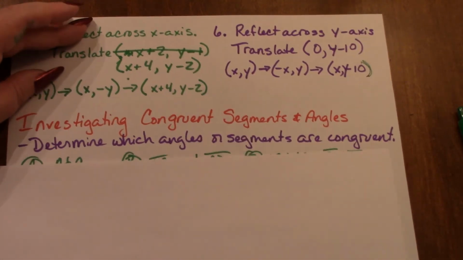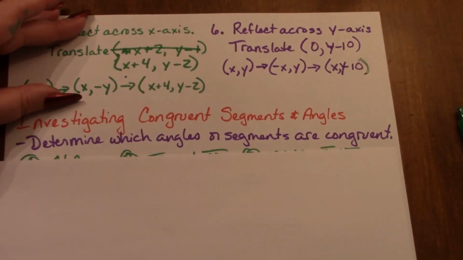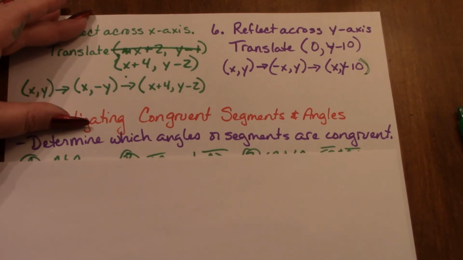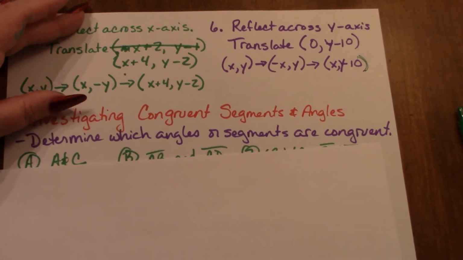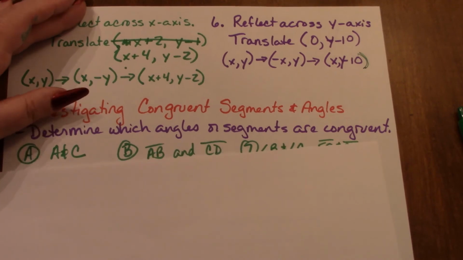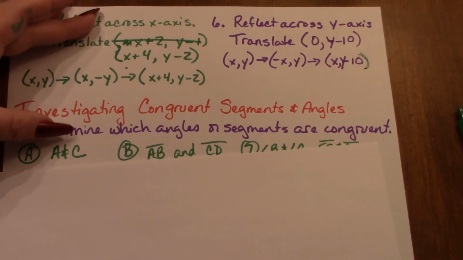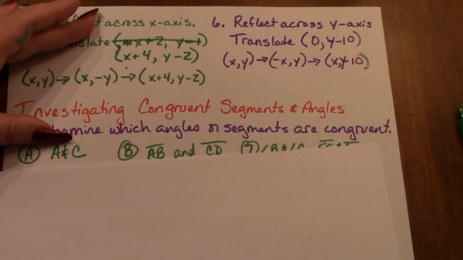And the last thing we're going to work on is investigating congruent segments and angles. So we want to determine which angles or segments are congruent. And when we look at example 3, we notice that A and C are congruent. B, the angle is different.